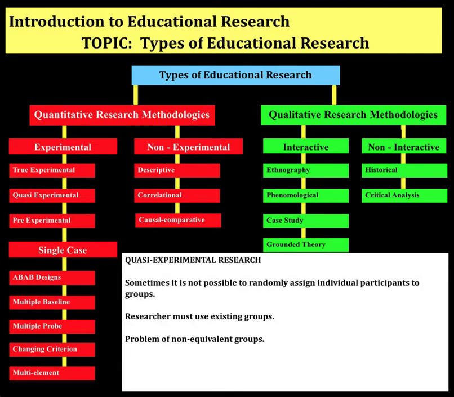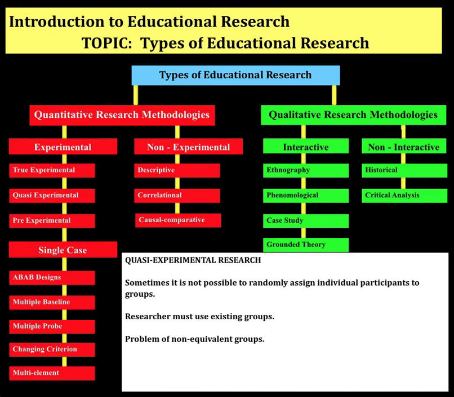Now we'll take a look at quasi-experimental research. Many times, especially in school settings and in education, it's not possible to randomly assign individual students to groups. So maybe researchers have to work with existing groups. Like you might not be able to randomly assign 6th grade students to a group.